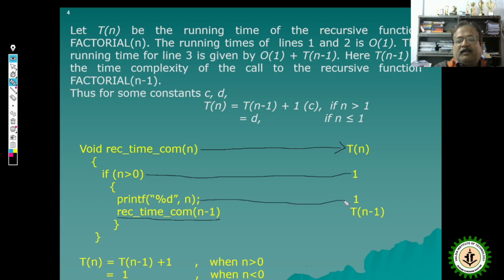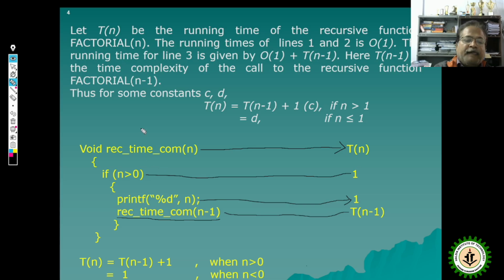This is again 1, and here it is the total time. This is total time of n minus 1, because if it is 5, then it is 4, next time it will be 3, next time 2, next time 1, next time 0, and so on. So we can easily call it Tn.